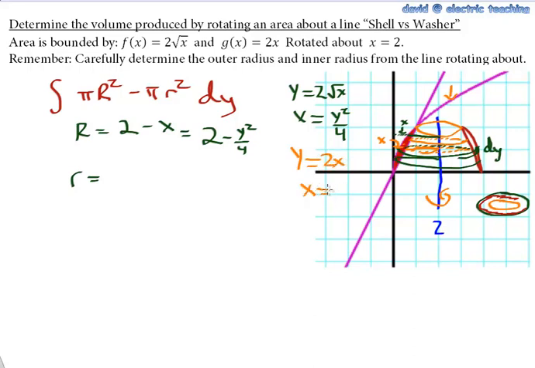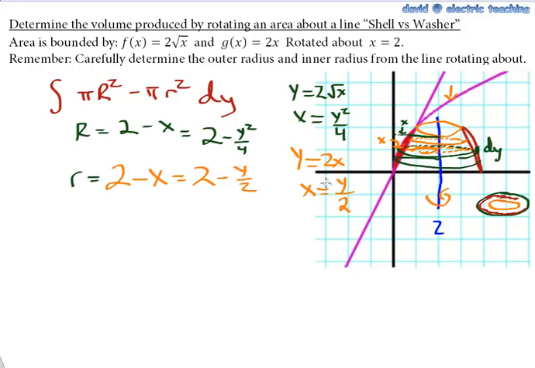So to get it in terms of y, since our stacking of washers is in delta y, we need to solve for x, and we get y over 2, dividing by 2 on both sides. So the same idea: the little r is 2 minus an x coordinate, which is 2 minus y over 2.